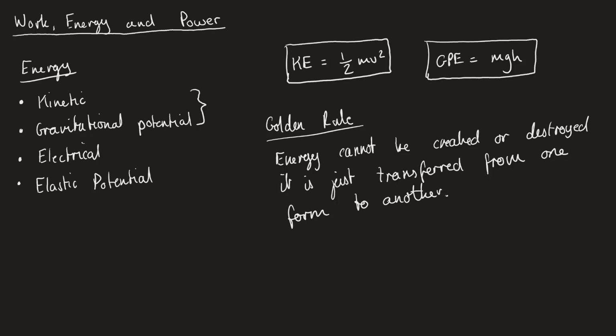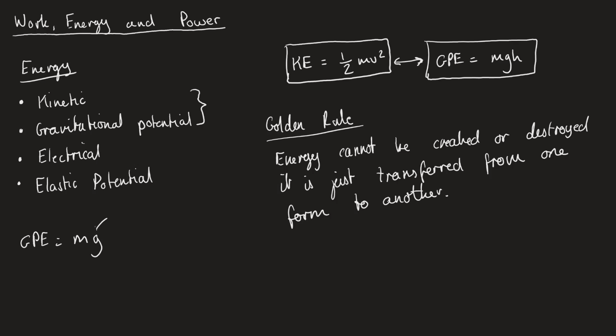Okay, so the most common two that we'll see transforming into each other in this topic is going to be kinetic energy going to gravitational potential energy. In the case where we have things falling or rising or anything like that, when we look at the equation for gravitational potential energy, it is m, which is the mass of the object that's rising, times g.